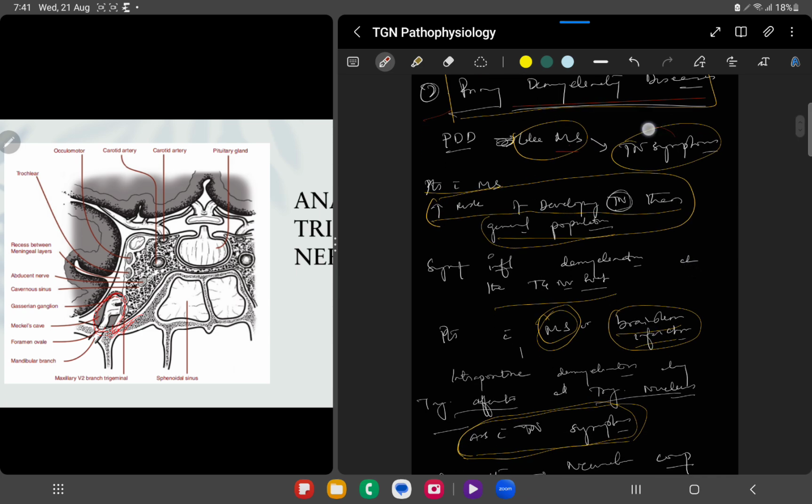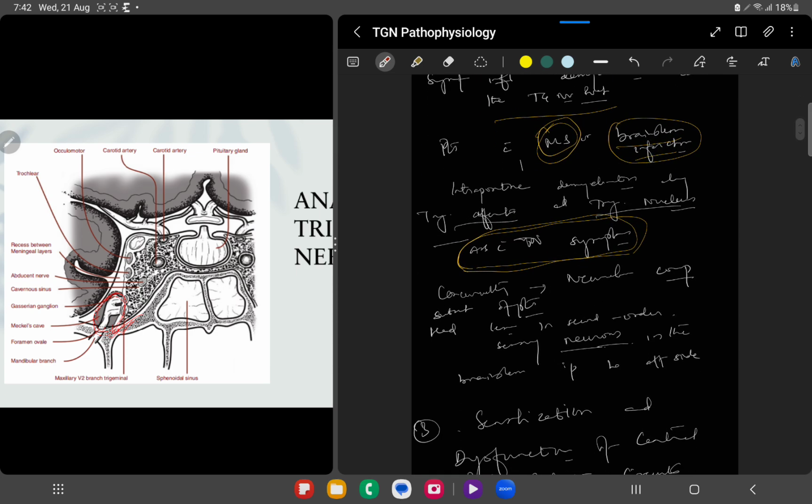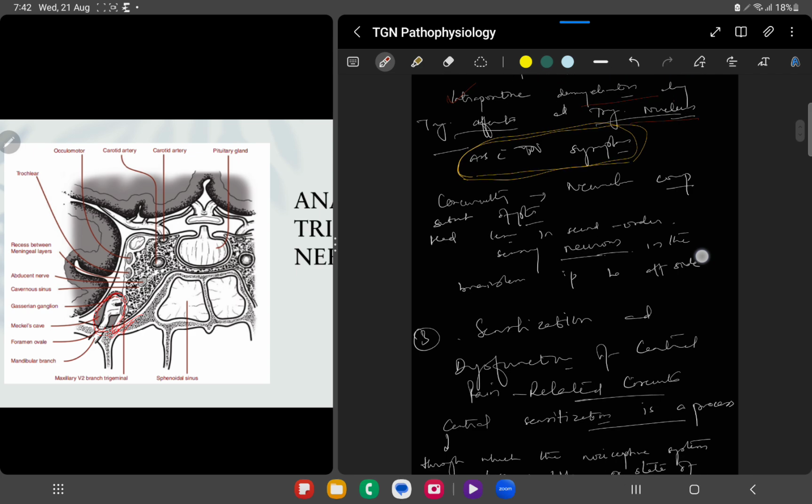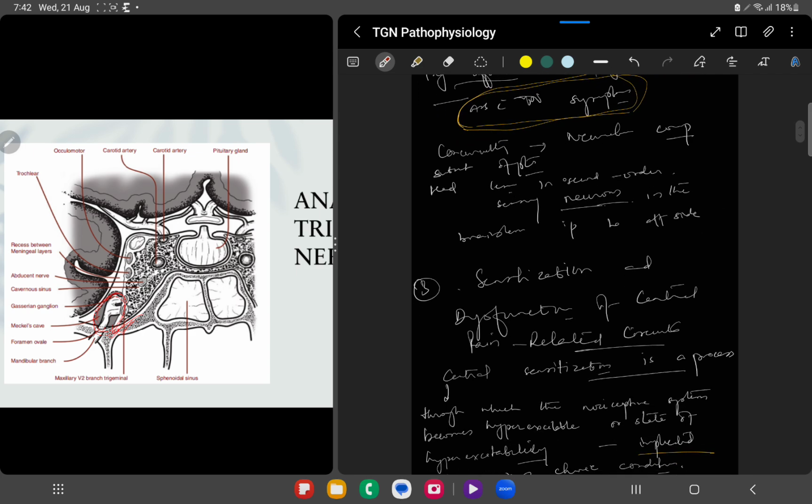This can lead to trigeminal neuralgia symptoms, and patients with multiple sclerosis have an increased risk of developing trigeminal neuralgia compared with the general population. One more important thing is that there is intrapontine demyelination along the trigeminal afferents and trigeminal nucleus associated with the trigeminal neuralgia symptoms. Also, the second order sensory neurons are affected.